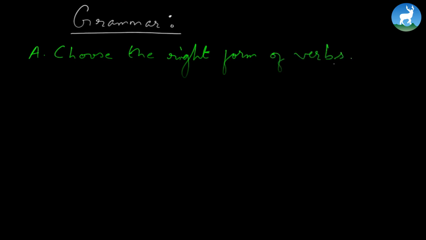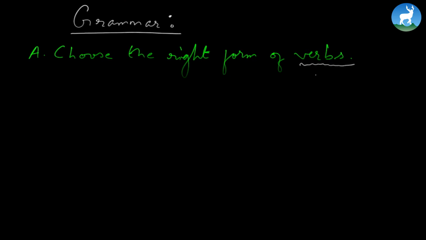Today we start the grammar from the first chapter, Expressing Wants. Here in the first exercise, we are instructed to choose the right form of verbs. From the verbs given, we have to choose the right form of the verb that fits the sentence. But before we begin, we have to know what a verb is.